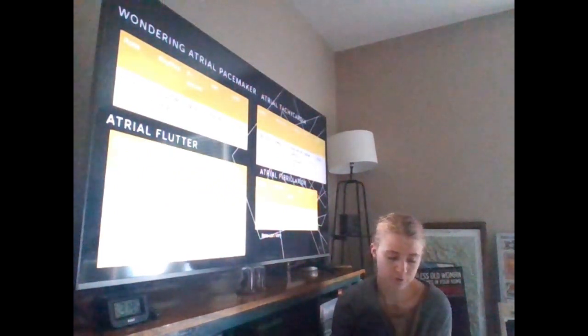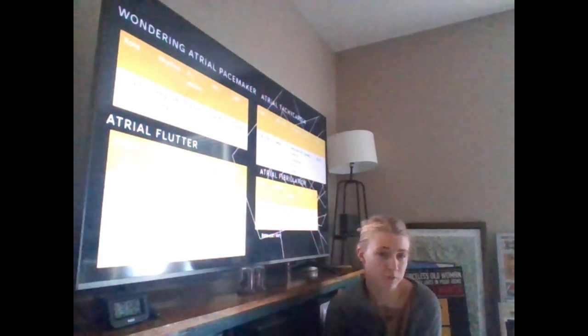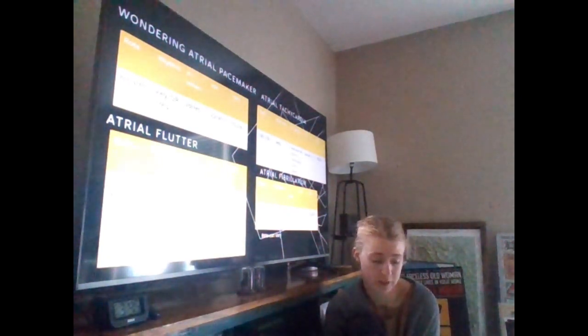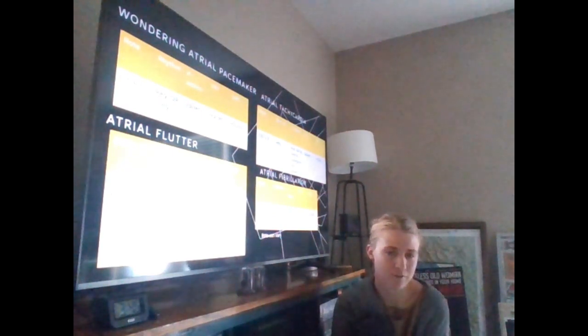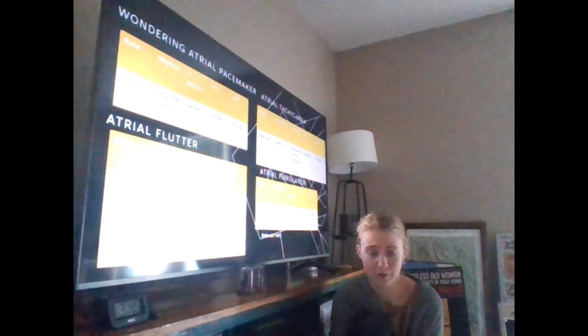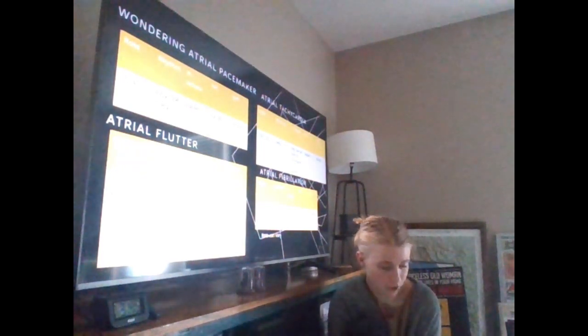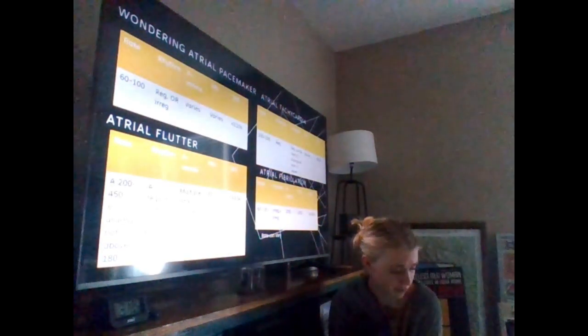Your P waves are going to get really hard to distinguish here just due to how fast the heart is beating, and you're likely to see no T waves, or your P waves will appear inside of your T waves, and that's simply due to how fast your heart is beating. Your QRSs remain narrow in all of these, at less than 0.12 seconds or 0.10 seconds.